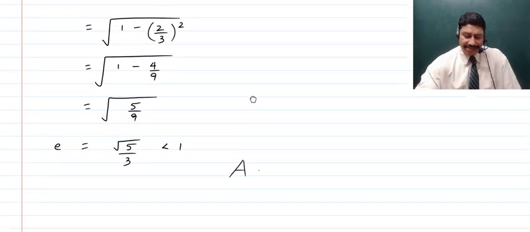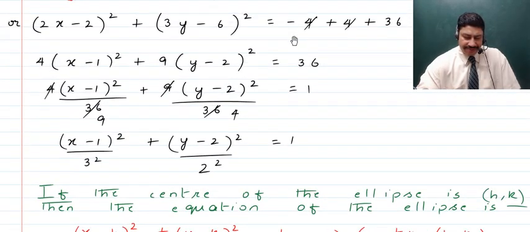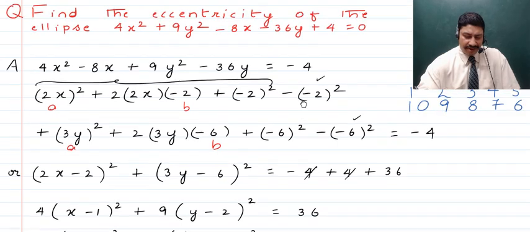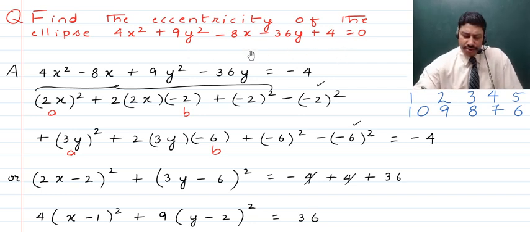So children, now I'll just quickly discuss this again with you. So here in this question, children, you had been given a general equation, and you had to find out from this what type of ellipse this represents and what is the eccentricity. Now, in order to do this, first what you did was you picked up this equation and you tried to make it a perfect square of x as well as y.